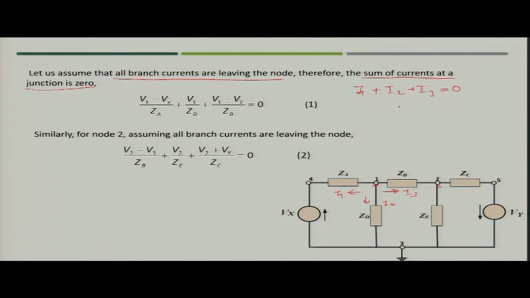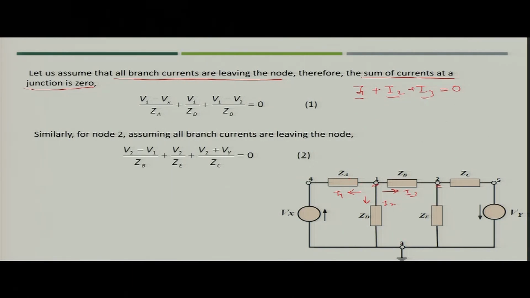Now, you have applied KCL. Now, you have to put the values of I1, I2 and I3. What is the value of I1? I1 would be the voltage difference between V1 and V4 divided by ZA. What is the voltage of V4? V4 is nothing but Vx, because Vx is connected between node 4 and node 3.